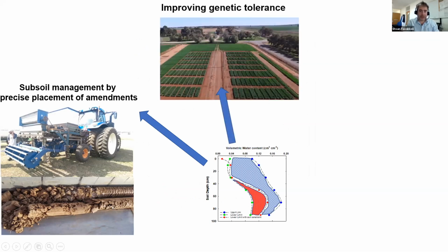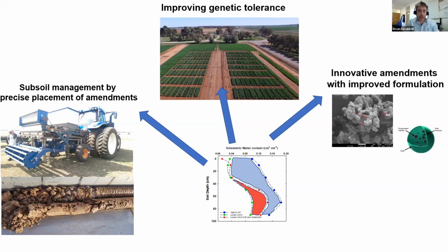We can improve our genetic tolerance. We can come up with new varieties that are better performing in some of these hostile conditions. And the third option is to make new amendments. Obviously, lime and gypsum have been used in Australia since the 1920s, and we are still doing research on the same product.